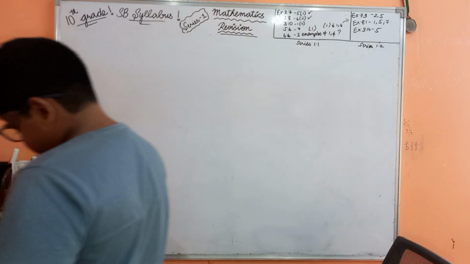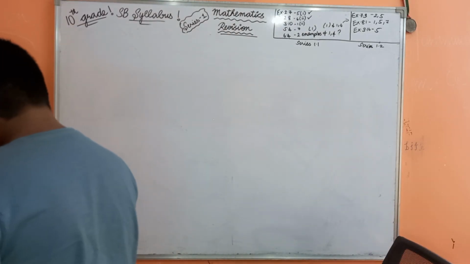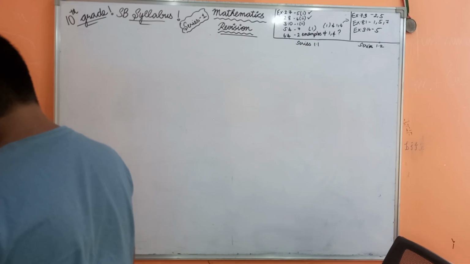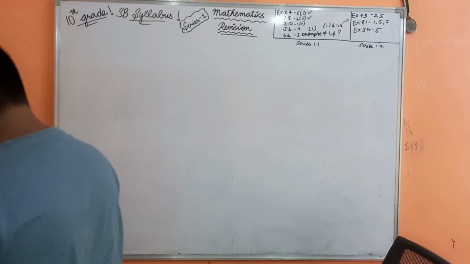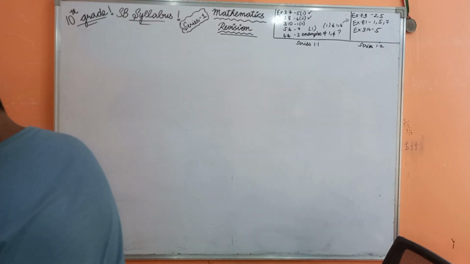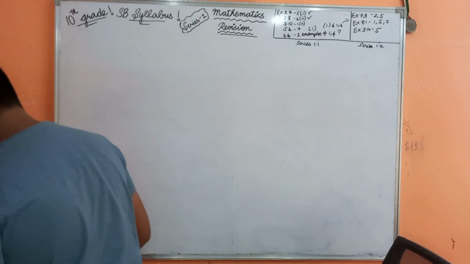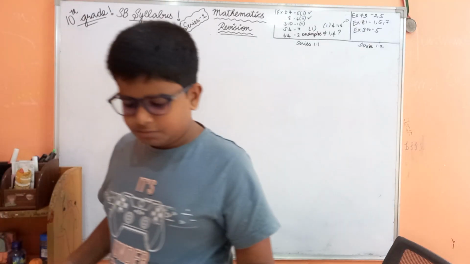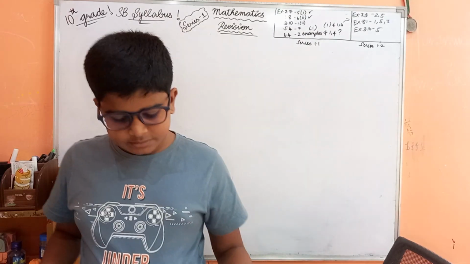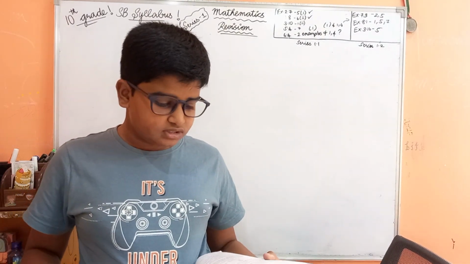Welcome to trigonometry examples. A player sitting on top of a tower of height 20 meters observes the angle of depression of a ball lying on the ground as 60 degrees.